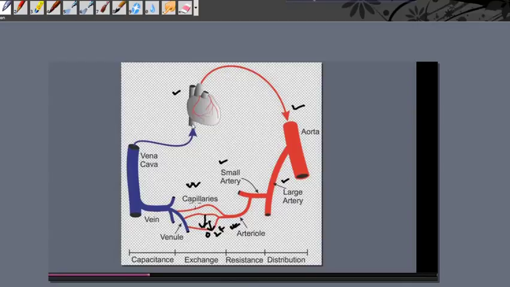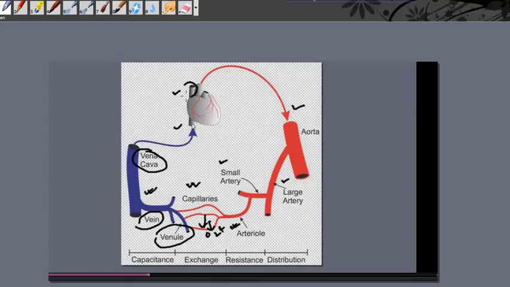And many capillaries join to form venules, or capillaries drain into venules, and many venules drain into veins, and many veins drain into larger veins, and larger veins drain into two great veins called the superior vena cava and inferior vena cava.